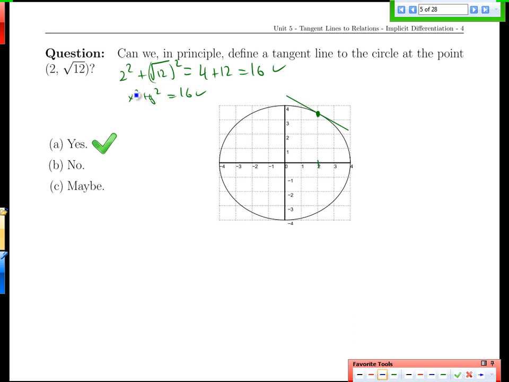We have a formula, but it's not a function. We have x squared plus y squared equals something, and that's not something we can just differentiate like we have been up until now. But we should be able to do something to find a slope because every point we imagine on here will have some kind of slope associated with it.